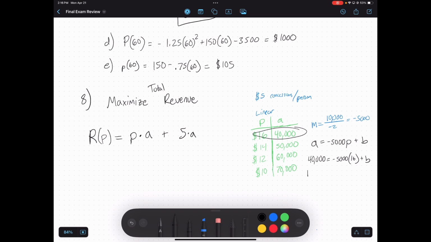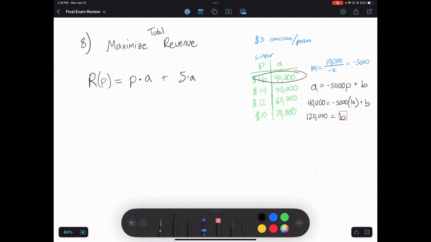And so when you add that over, you get 120,000 equals b. And there's your y-intercept. And so now I have a linear equation that relates A to P, that shows how A depends on P.